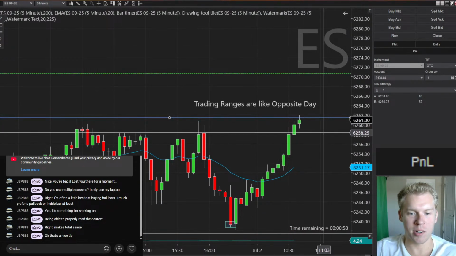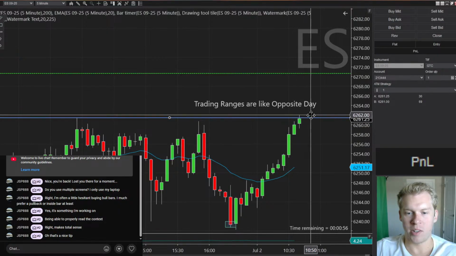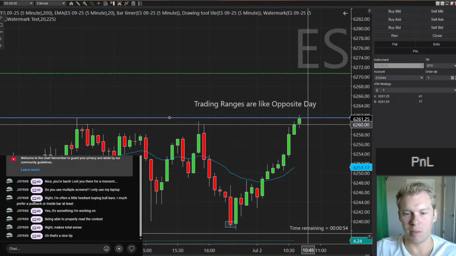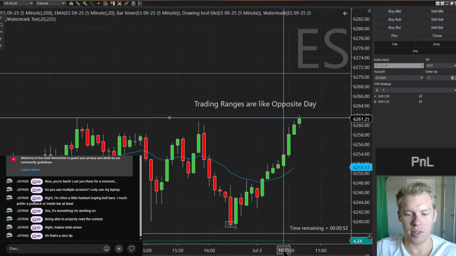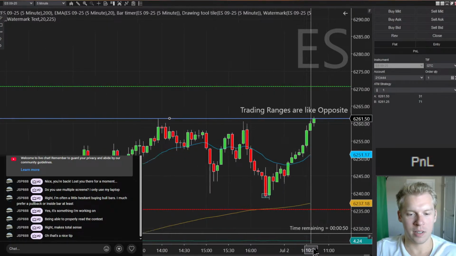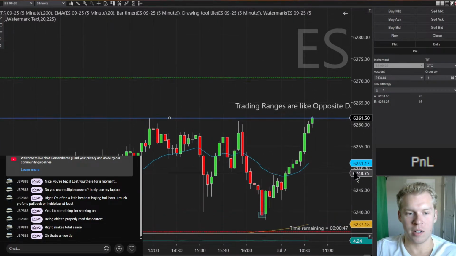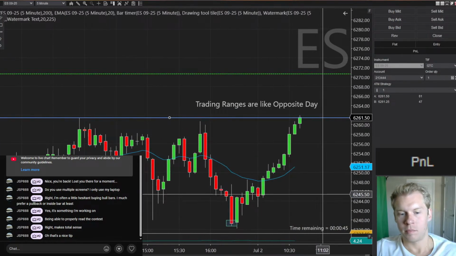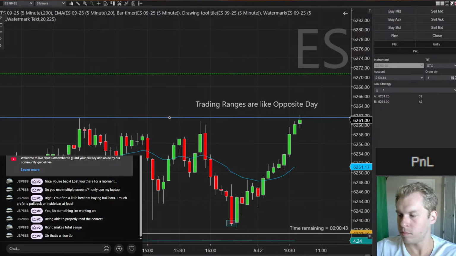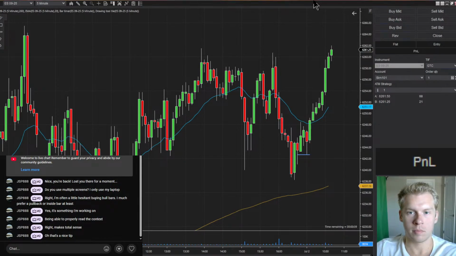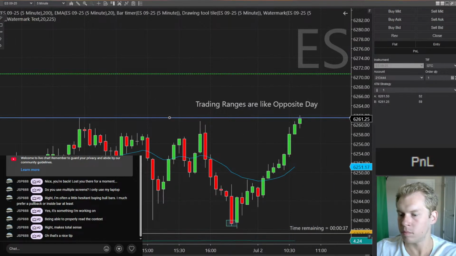But on the 5-minute chart, maybe we can find a double bottom above this, or maybe like a double top here, and then it comes back down to the bottom of the trading range. It is interesting.